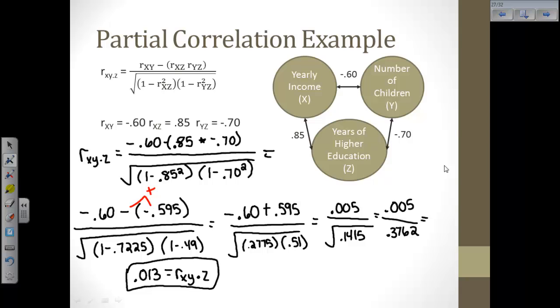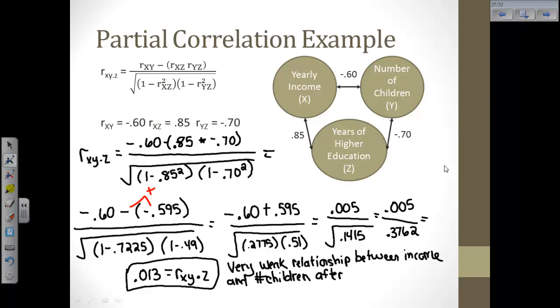So you could say there's a very weak relationship between income and the number of children after you control for education.